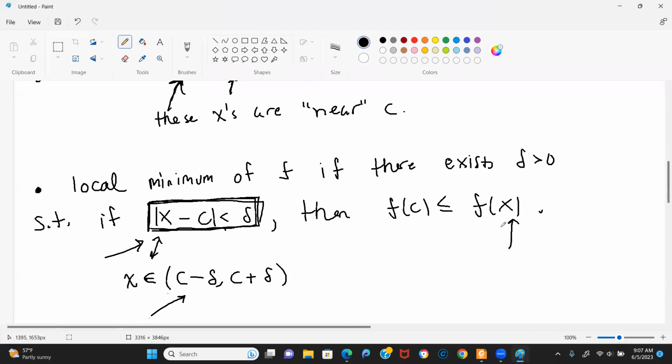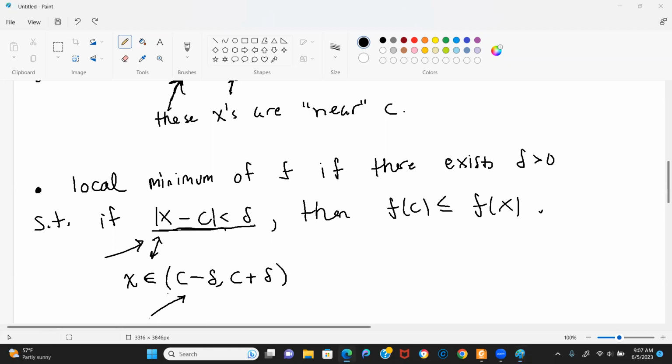Otherwise, you can't take f of x. It wouldn't make sense to evaluate the function f if you're not in the domain. So satisfying this inequality isn't enough. It might not make sense to evaluate the function at that point. You have to satisfy this inequality here and be in the domain as well.